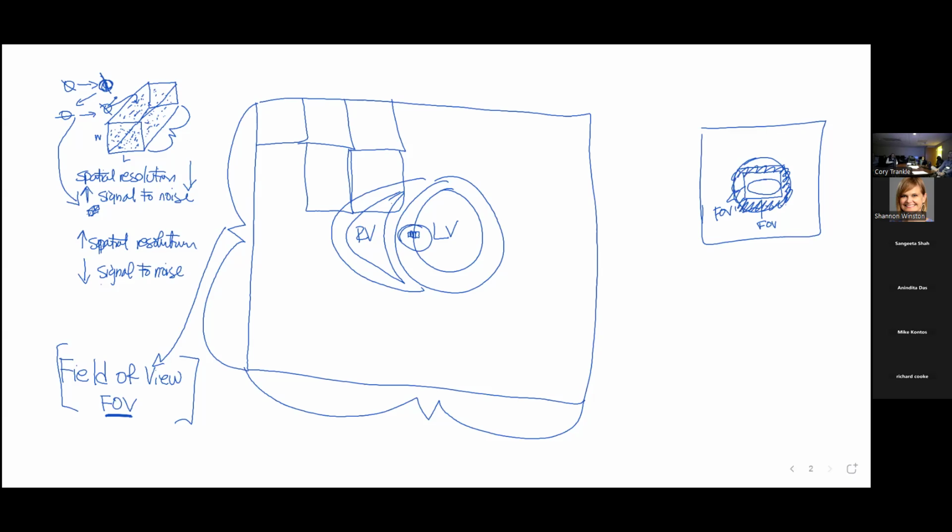If we set the field of view too small, there are two bad things that happen. One, we're missing the area that we're trying to image. And the second thing is the scanner has an intrinsic field of view, and it folds the part of the image that's outside of the field of view into your picture.